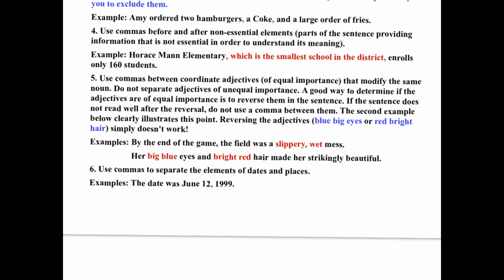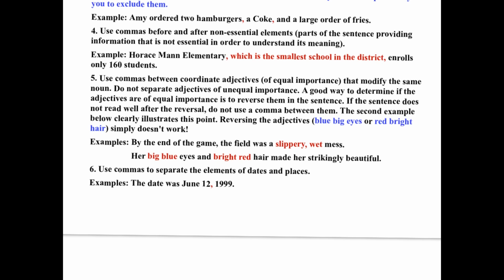By the end of the game, the field was a slippery, wet mess. All right? So when you have slippery and you have wet, they're of equal importance. Put a comma. Her big blue eyes and bright red hair made her strikingly beautiful.